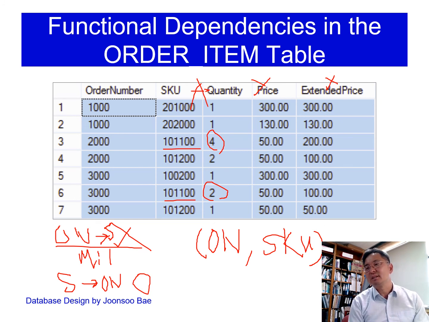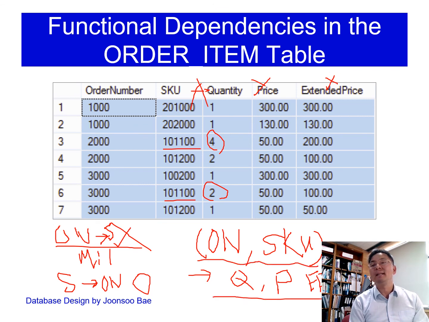So this composite determinant will determine quantity. Oh yes. And also price, yes, and the extended price also. In this way you can identify 3 functional dependencies.